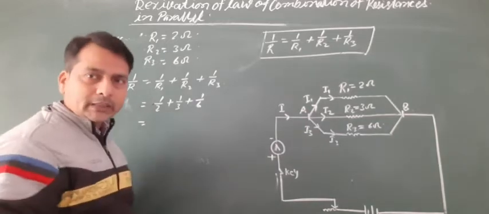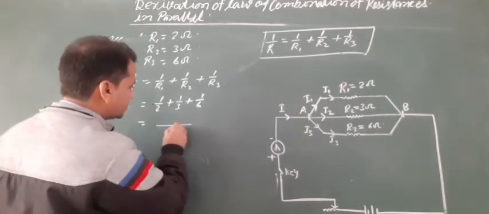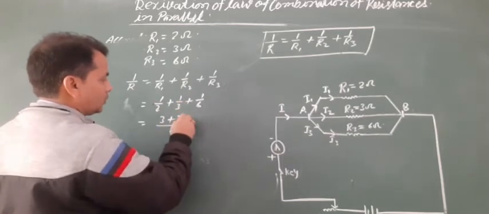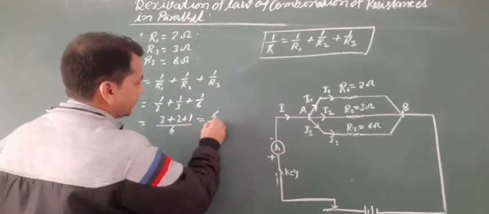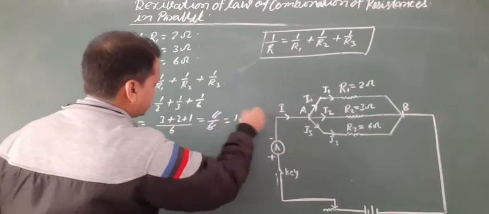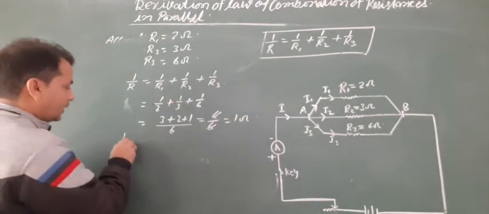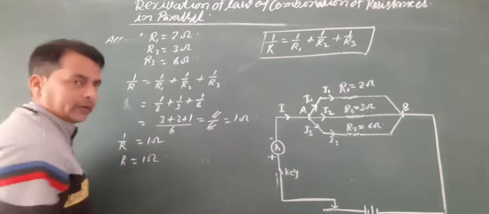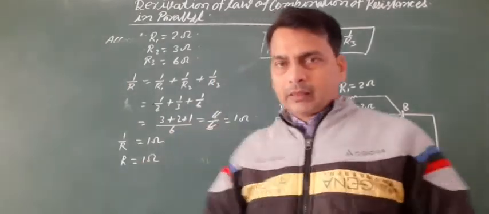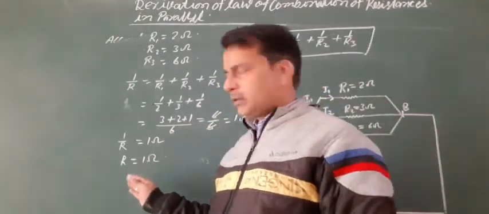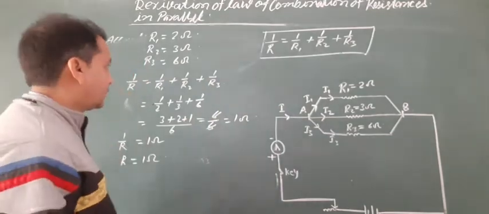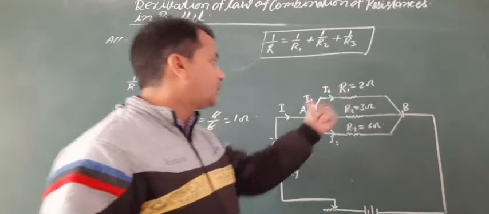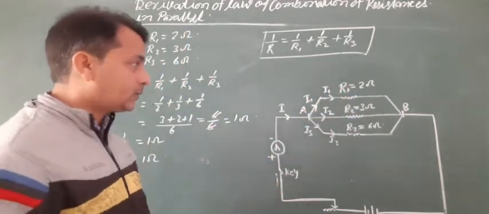Then the LCM of 2, 3 and 6 is 6, which gives (3 plus 2 plus 1) by 6, that is 6 by 6, that is 1. Then 1 by R equals 1 ohm and R equals 1 ohm. So the equivalent resistance R equals 1 ohm, and the individual resistors in the parallel combination are R1 equal to 2, R2 equal to 3 and R3 equal to 6.